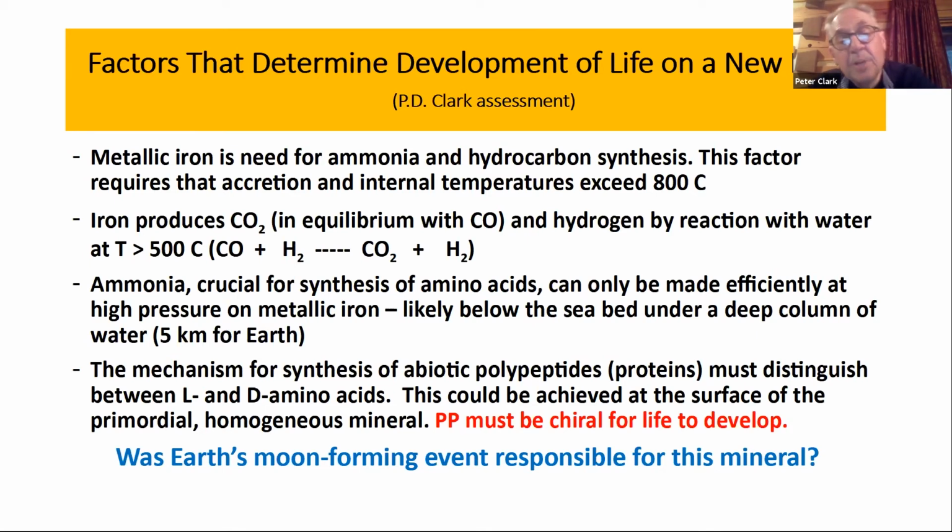The most logical source of ammonia is reaction of nitrogen with hydrogen on an iron surface at very high pressure. And also, for life to develop, you must have a mechanism that can distinguish between L and D amino acids. So the question I have at the bottom: was the homogeneous mineral that must have resulted after formation of the moon a crucial step in production of systems which lead to living systems? Next slide.